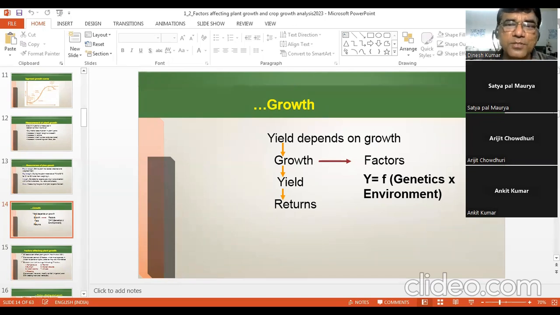Even highest growth is not desirable. You want optimum growth, and that optimum growth can be manipulated by growth factors. These growth factors can be used to manipulate the growth or to optimize the growth. And then you will get good yields, optimum yields, and then optimum returns.